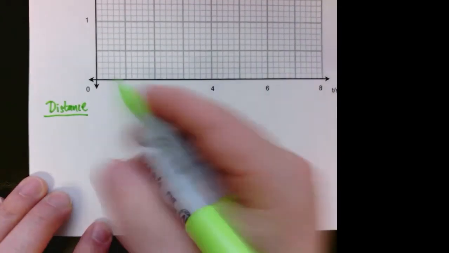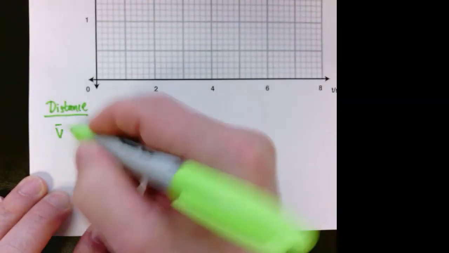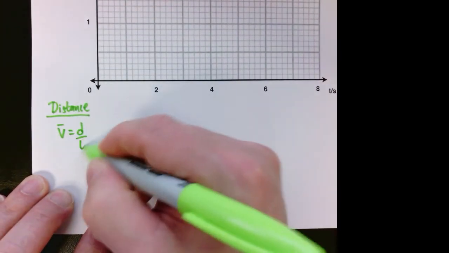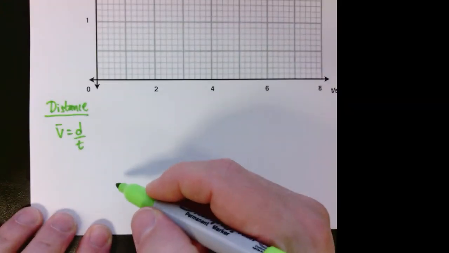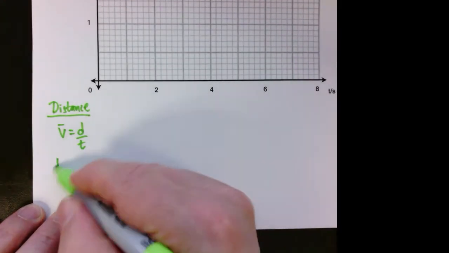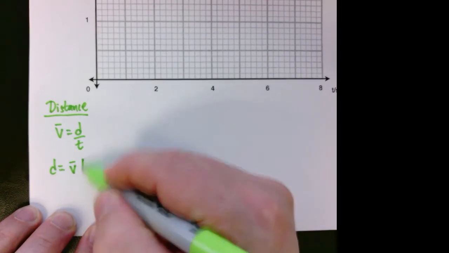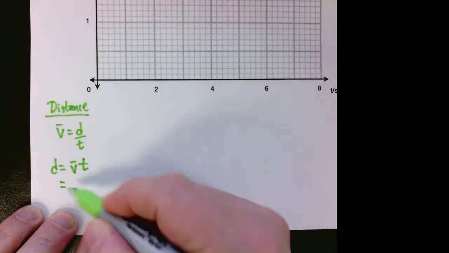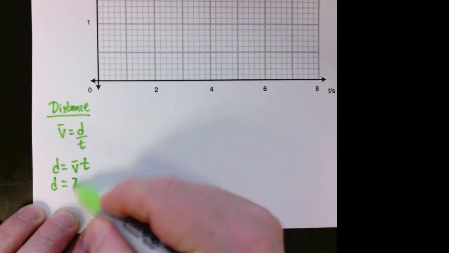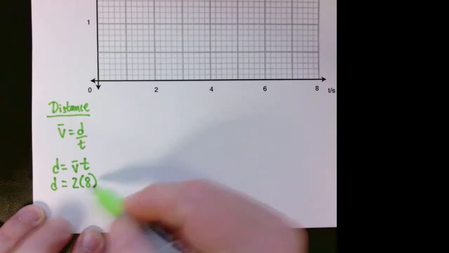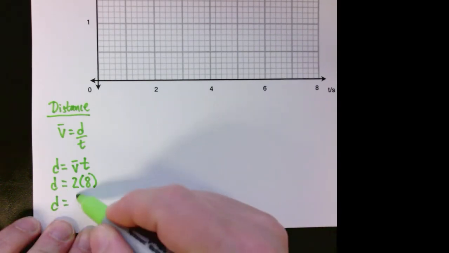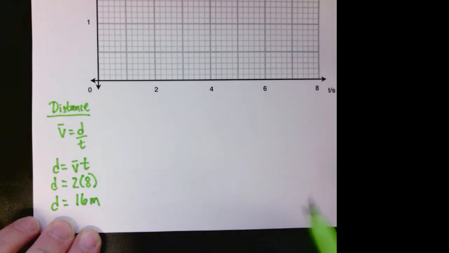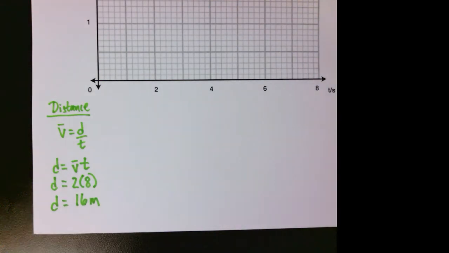The distance we know is related to the average velocity with this equation. If we arrange it, the distance then is the average velocity times the time. The average velocity is 2, and we know the time is 8, so the distance then is 16 meters. That's a simple calculation to arrive at.